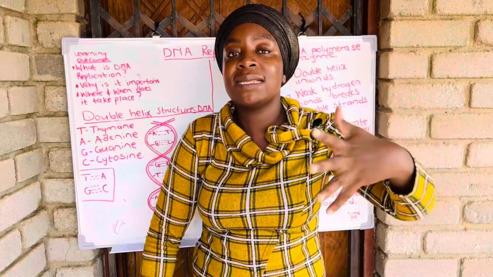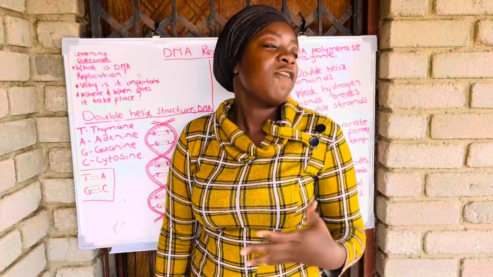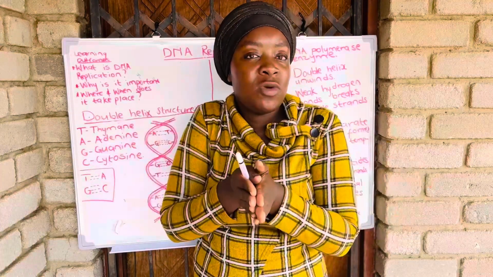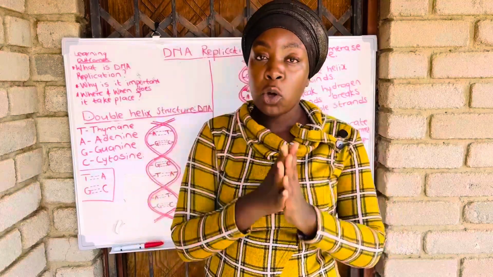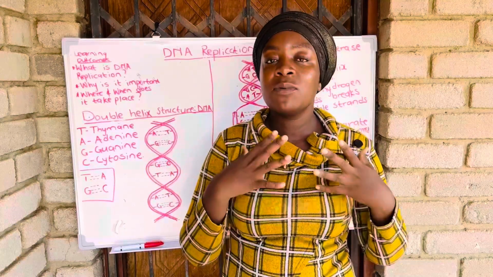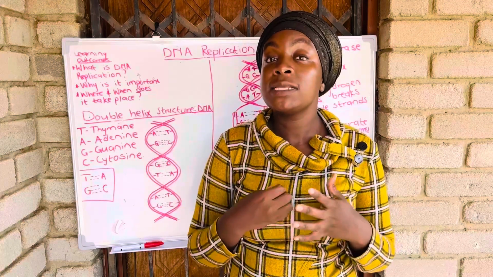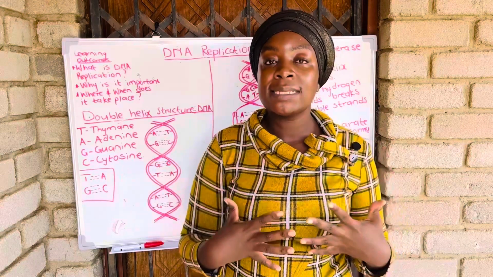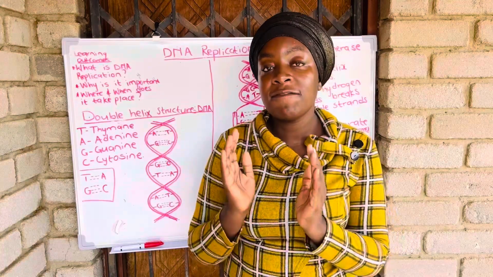So basically, that is the process of DNA replication. So if I'm half, they cannot come with the left side on my left side to attach me. It's not going to be complementary. So now you know DNA replication is the process whereby DNA makes the identical copy of itself. This process occurs in the nucleus during the phase interphase.